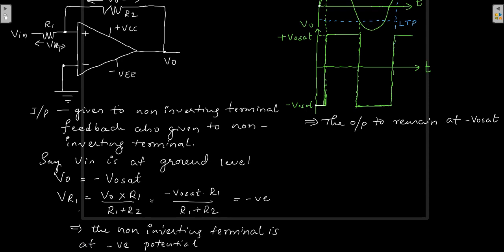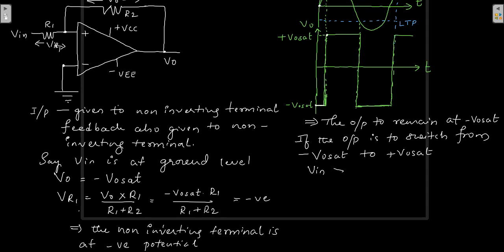Now, if at all you want to make the output switch from minus V naught sat to plus V naught sat, what should be the condition? The input voltage must rise above the UTP, right?